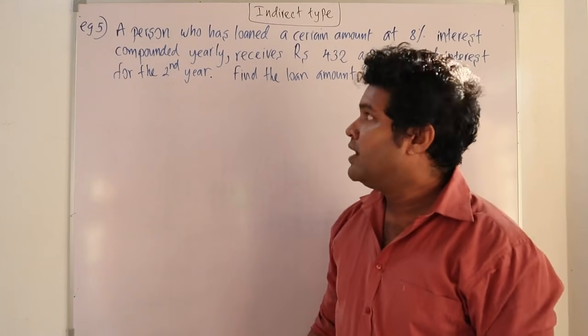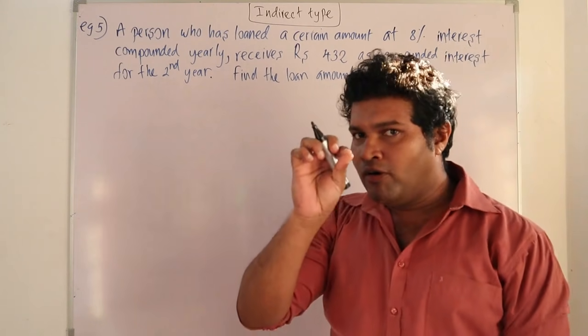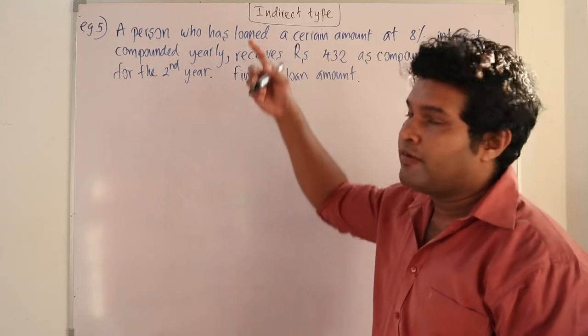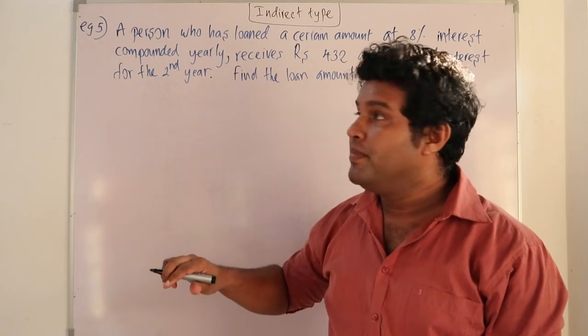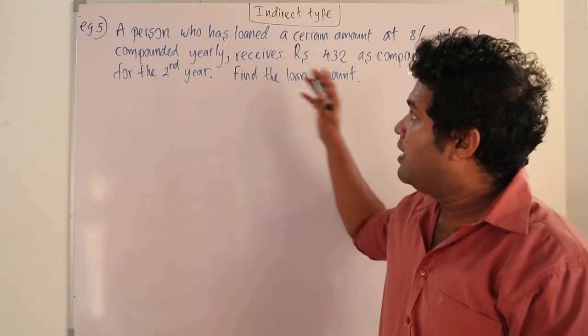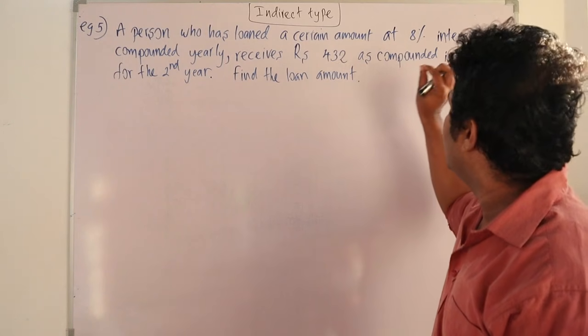Example number 5. It's another question of the same type, but this question has a small difference compared to question number 4. You have to check the difference between question number 4 and question number 5. Both questions run in the same way, but there's a small difference in one word.